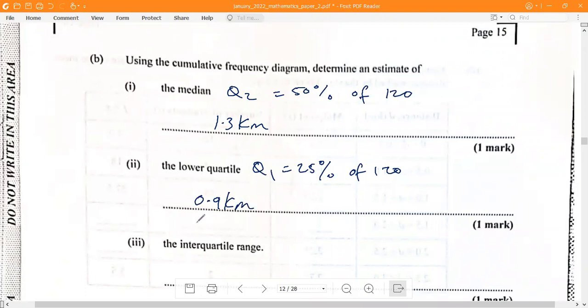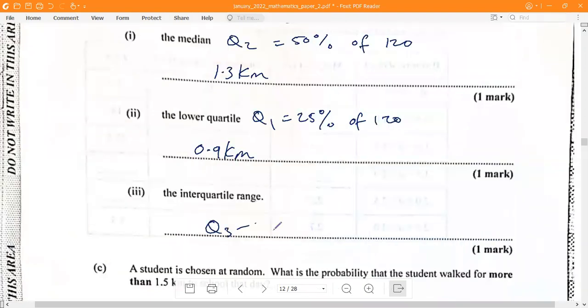The interquartile range now is Q3 minus Q1. Q3 is 75% of the 120, which is 3/4 of 120, which is 90.